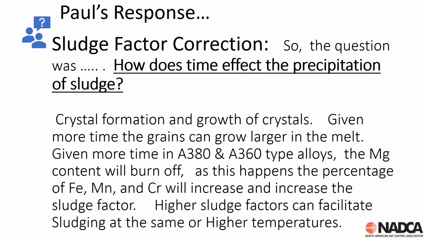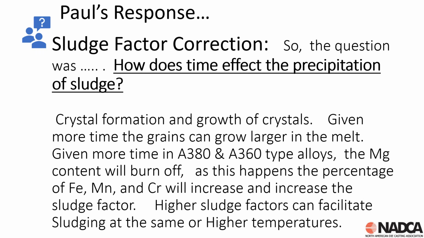Just by the metal sitting, you can lose magnesium content. If you lose magnesium content, it's going to raise the percentages of the other elements. So the iron, manganese, and chrome are going to increase in percentage, and as they increase, so does the potential for sludge formation.